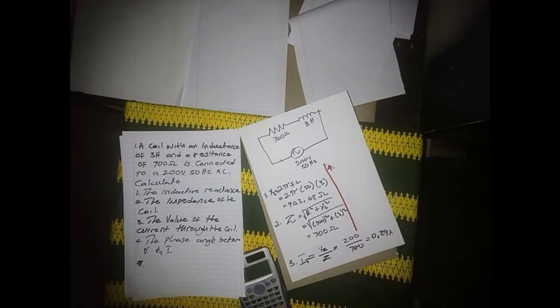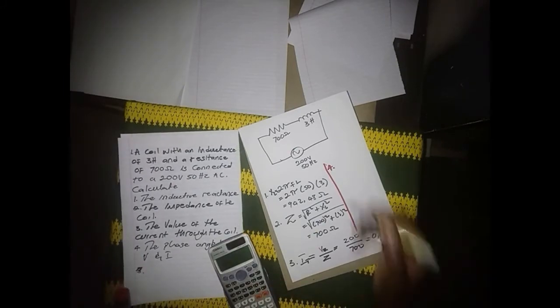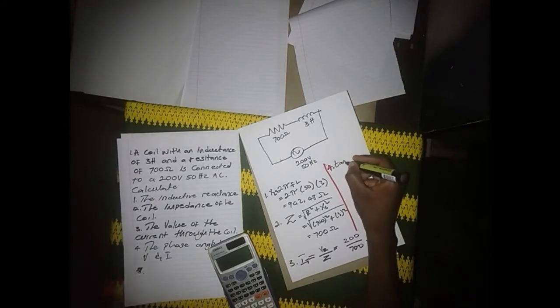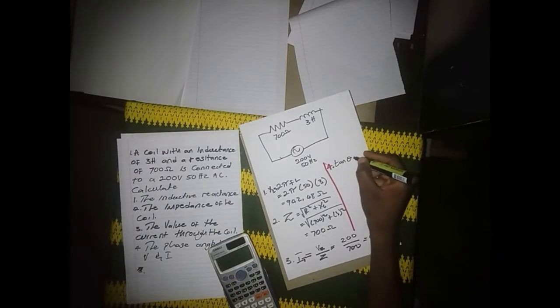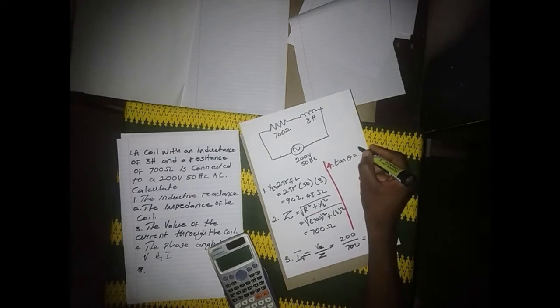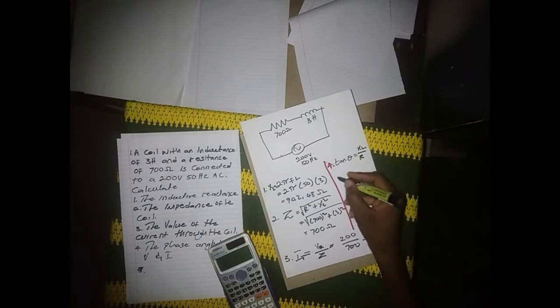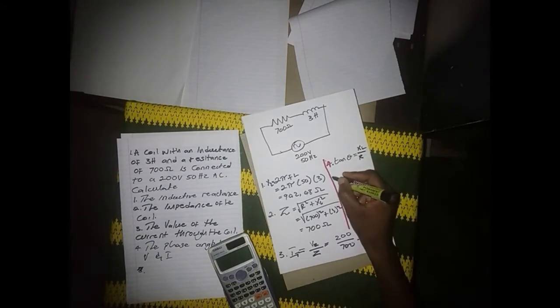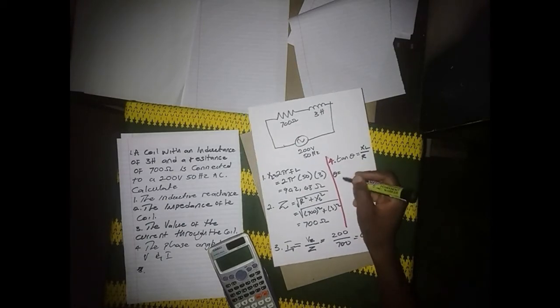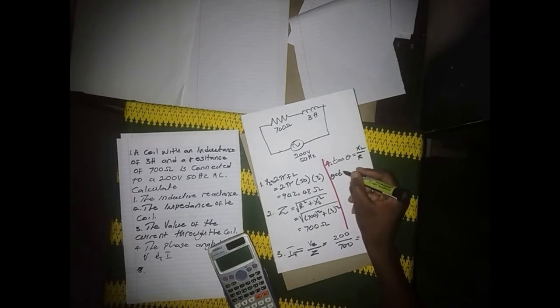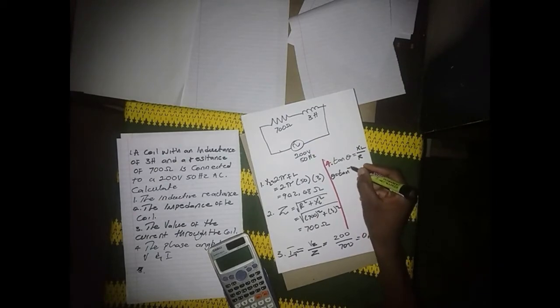Number 4, calculate the phase angle between the voltage and the current. So the phase angle is tan theta, and we can use XL over R. Sorry guys, there's no space. So when we put this across the equal sign, theta is going to be the inverse of tan, tan to the power minus 1.